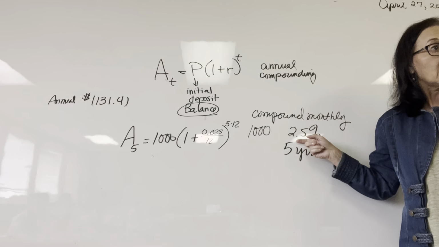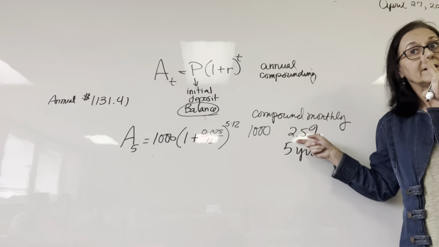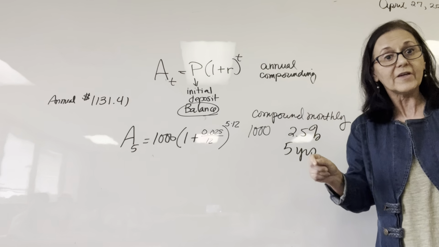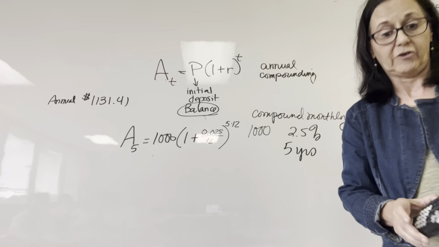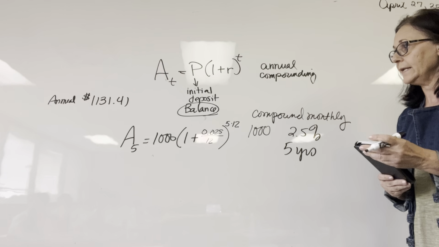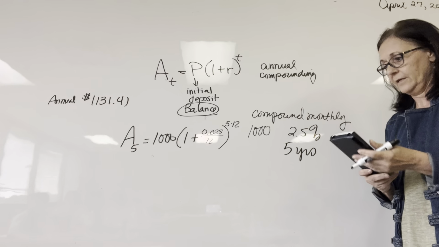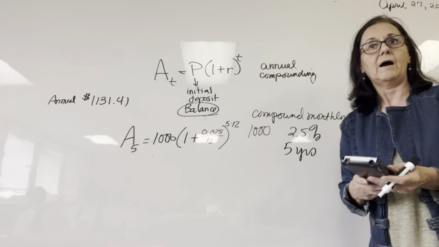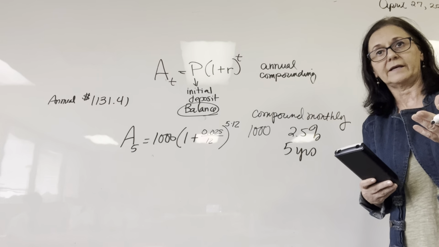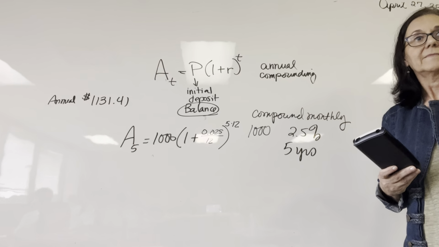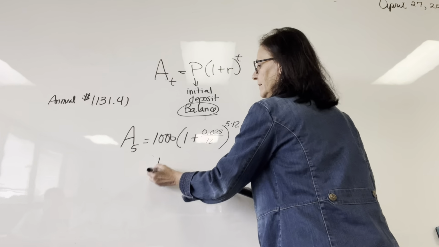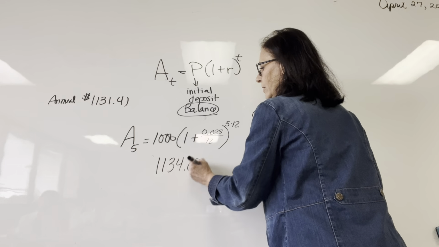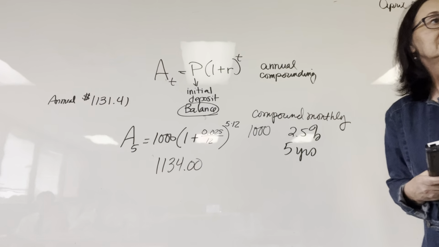So monthly compounding is different. Anything other than annual compounding is different. All right, so what is that in your calculators? 1,133. I want my pennies. How many pennies do I get? 1133.00. Somebody confirm that, please.